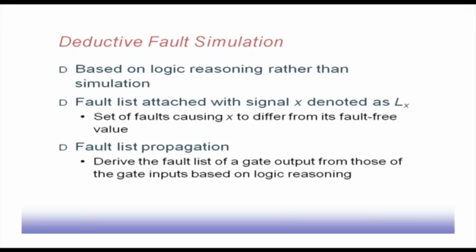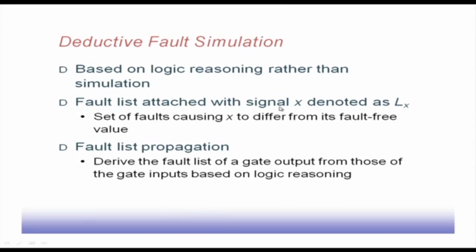Next, we look into another fault simulation strategy, which is known as deductive fault simulation. It is based on logic reasoning rather than simulation. So, we are not really simulating the circuit, but we are doing some logical reasoning over the test patterns and fault list. What we do is that a fault list Lx is attached with signal x.